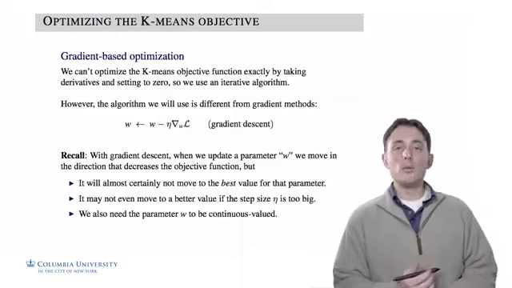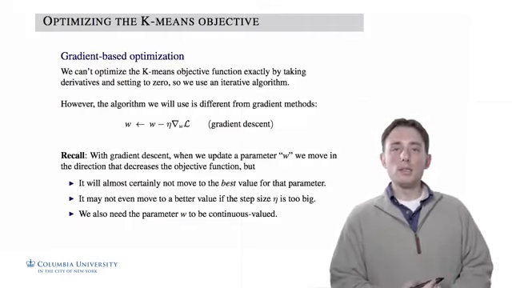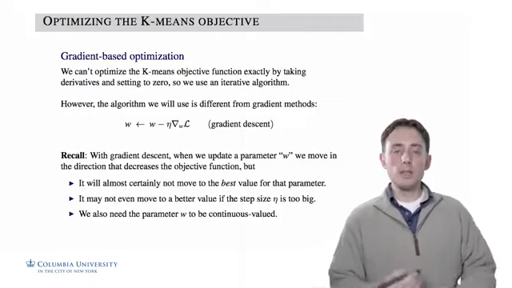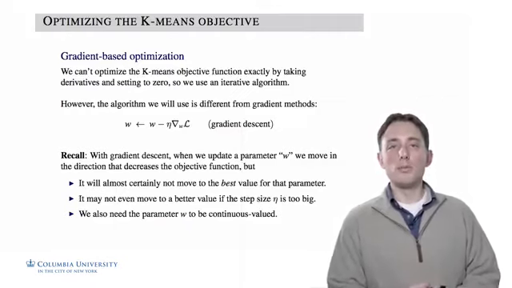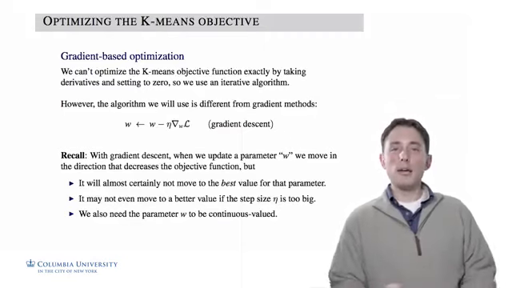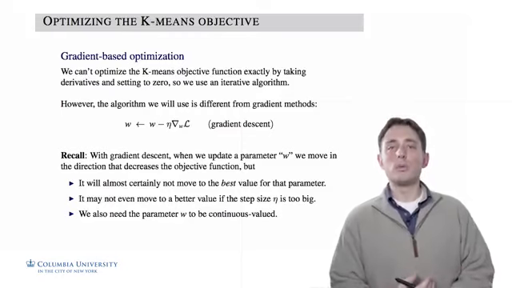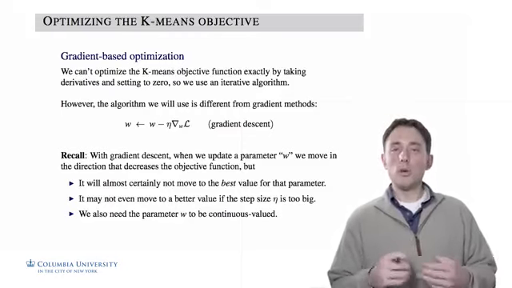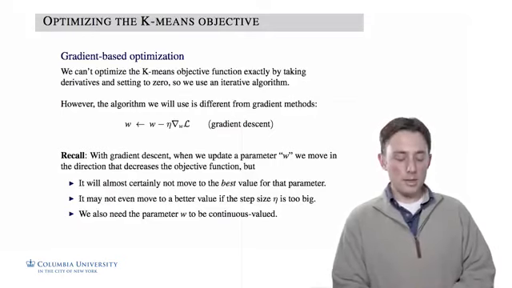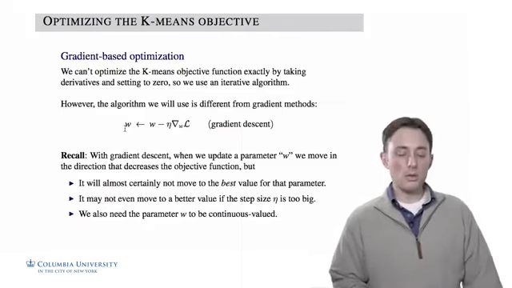Also notice that our algorithm can't involve gradient methods because even though mu is a real valued vector, c is a discrete valued variable that we want to set and can take one of k values, and so it doesn't make sense to try to take the derivative with respect to c. So we're also not going to be able to derive a gradient method to minimize this thing, similar to how we did with, for example, logistic regression.